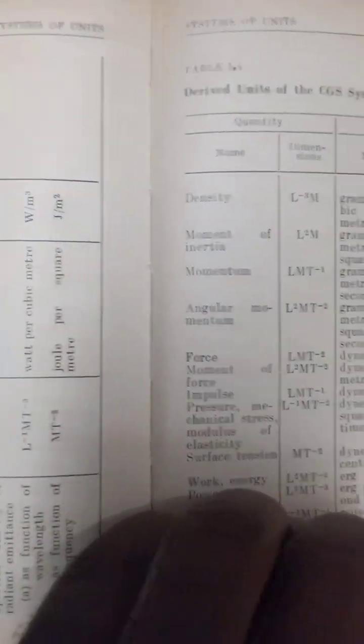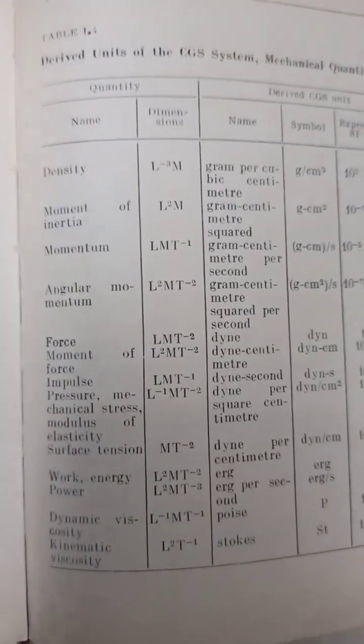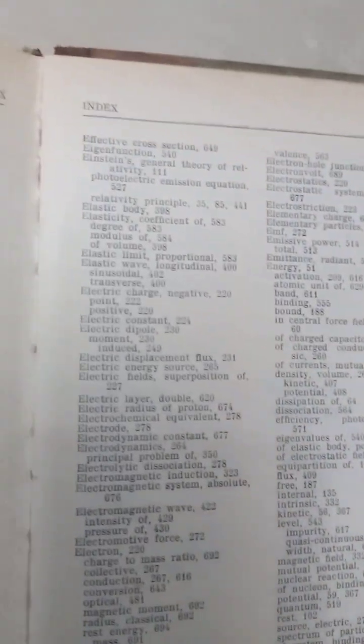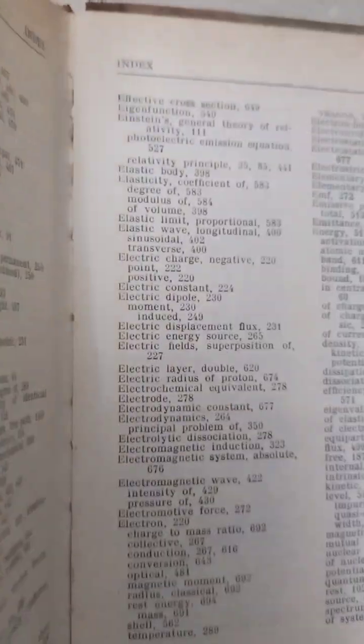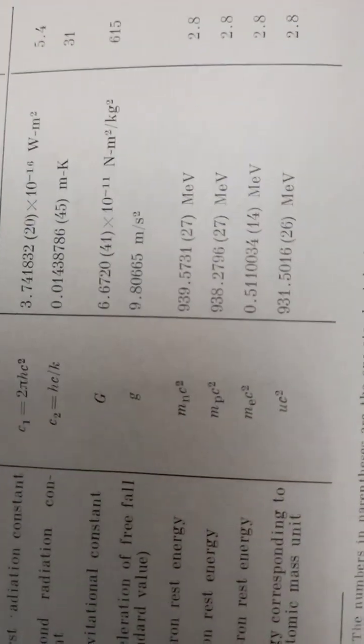And some fundamental constants are discussed, and dimensions are given. And the last is the index, where you can search whichever topic you want and which page number it is. So this way it covers the whole of physics.